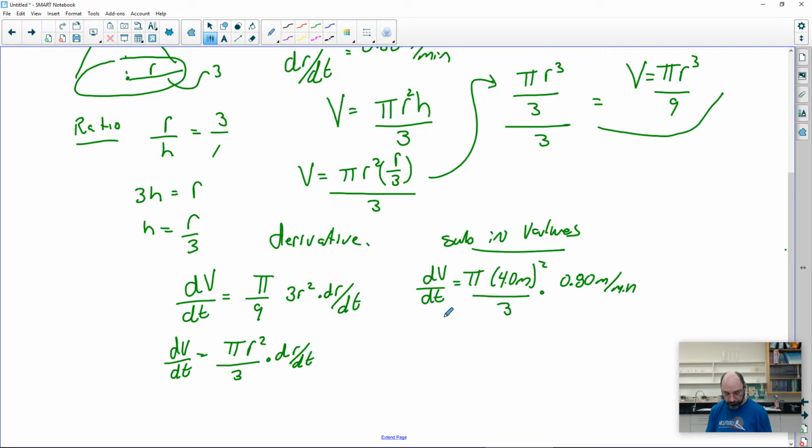Okay, and I get 64 over 15 pi, or if we want it in decimal form, we can say dV/dt equals 13.4, I'll go, meters cubed per minute. And that's the rate at which the wheat is piling up.